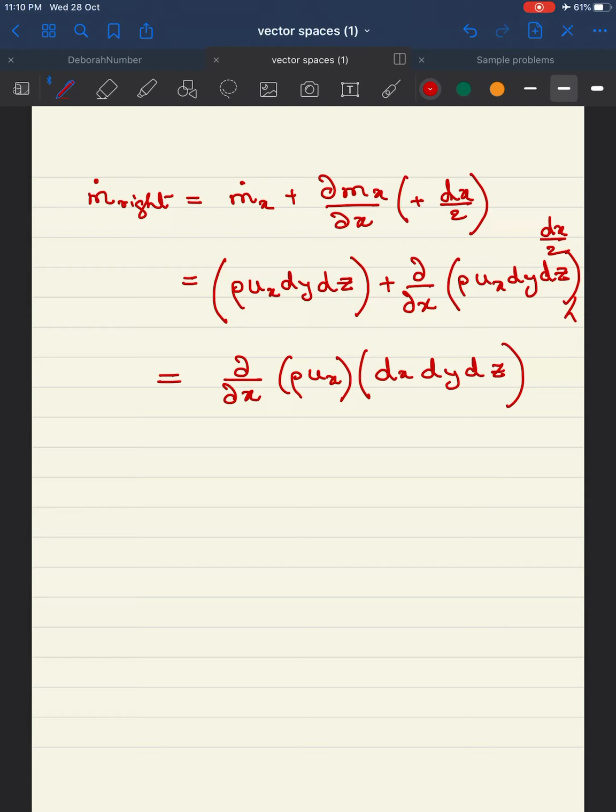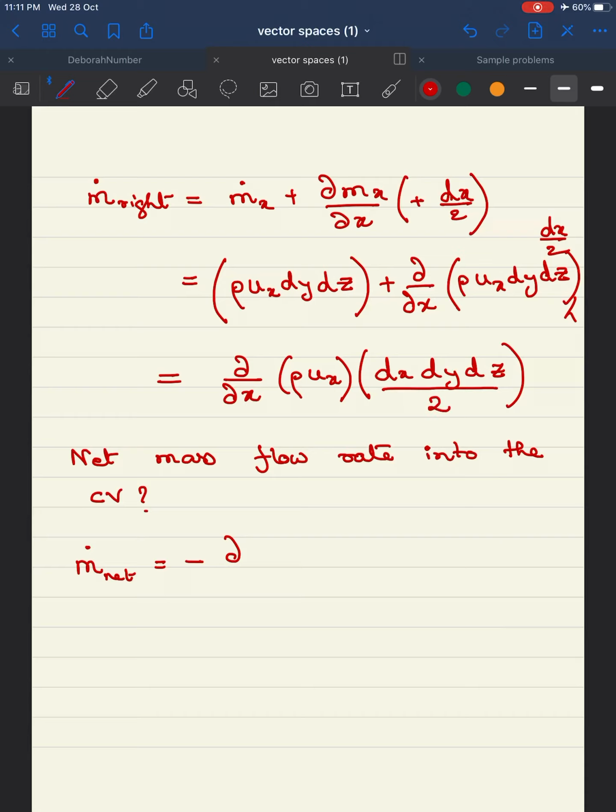So what is the net mass flow rate into the control volume? That m dot net will be equal to minus, sorry, there is a by 2 here, del x of rho u x dx dy dz, right?